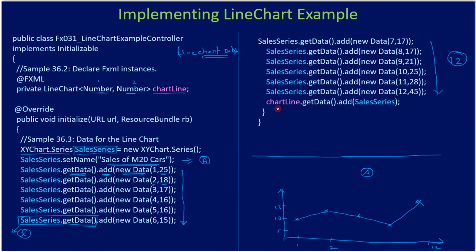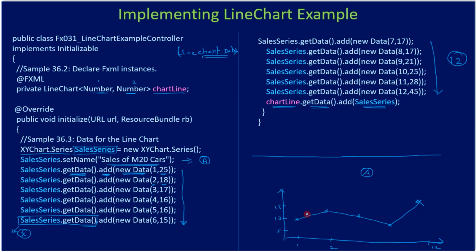Then chart line, this is our line chart. Get data, this get data is different, so this is to represent this series. Chart line dot get data dot add sales series, right? We added one series like this.